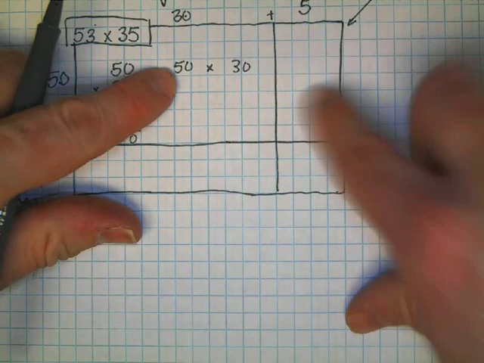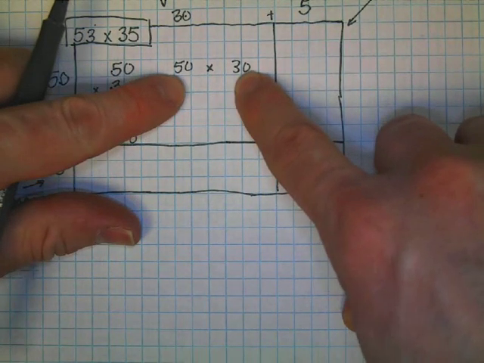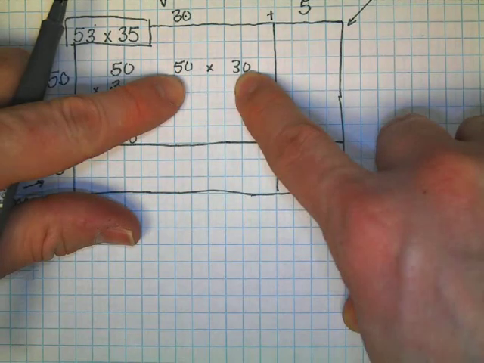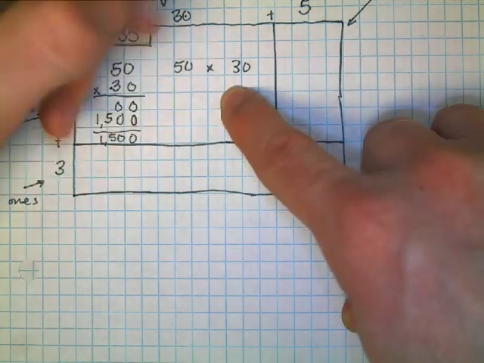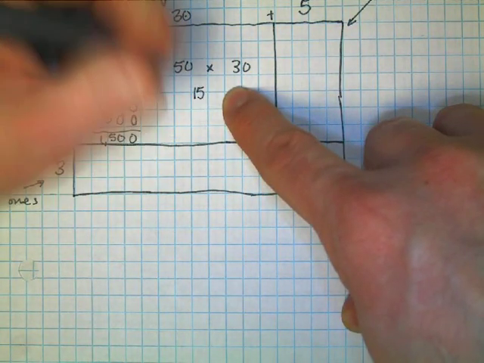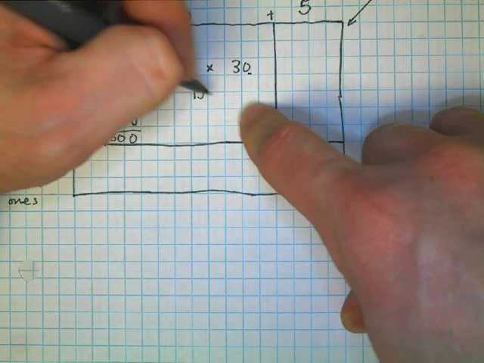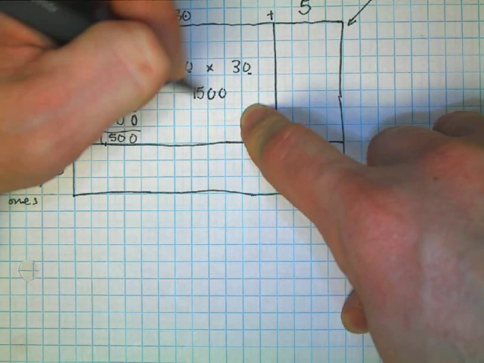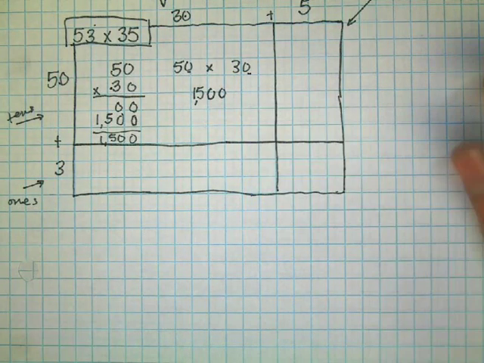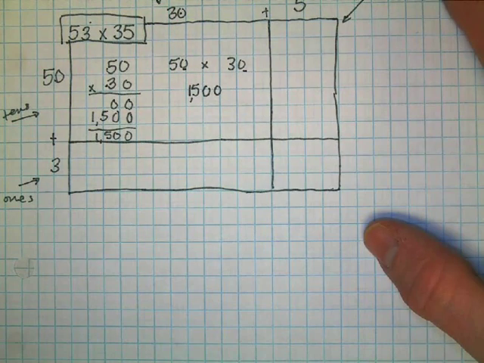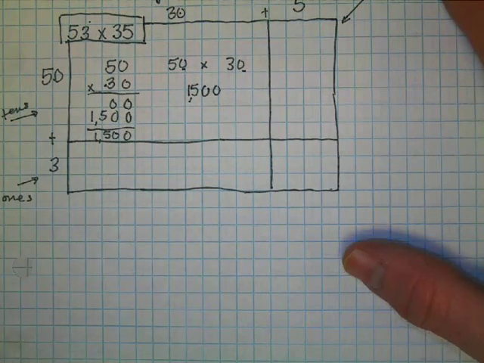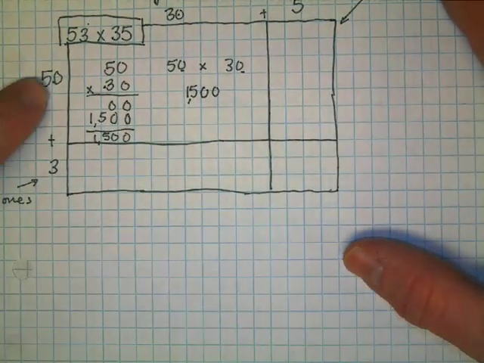But really the easier way to do it is to say, well, we know that 50 and 30 are factors of 10, so 5 times 3 is going to be 15. Then I can just say that's 1 zero there and 1 zero there, and add my two zeros. That will give me the same product, 1,500.